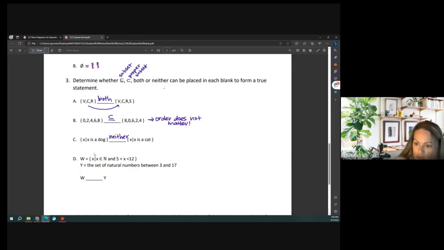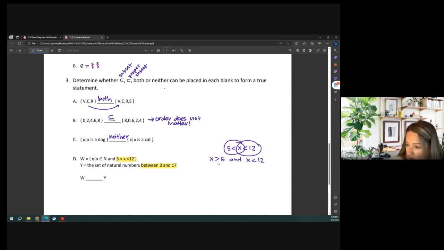And then on D, we have the sets W and Y. So these are our conditions. We have that x is between 5 and 12, and then x is between 3 and 17. So if we were to take 5 is less than x is less than 12, and we were to split this up, we would get that x is greater than 5 and x is less than 12.